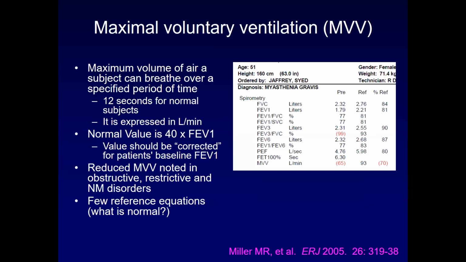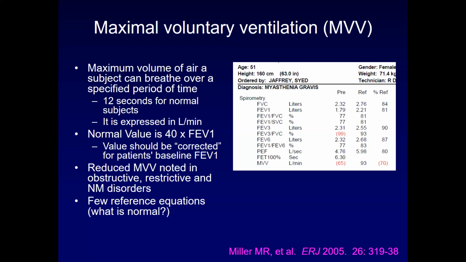The maximal voluntary ventilation, or MVV, is the amount of volume that a patient can breathe over a specified time period. Typically, we ask them to breathe for 12 seconds for normal subjects and multiply that number by 5. A normal value is typically 40 times the FEV1, but I'll urge you to make sure that you correct.